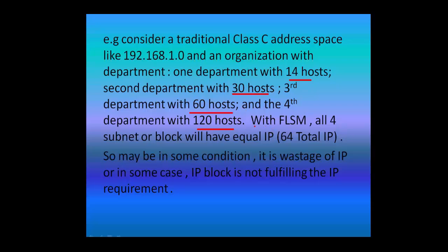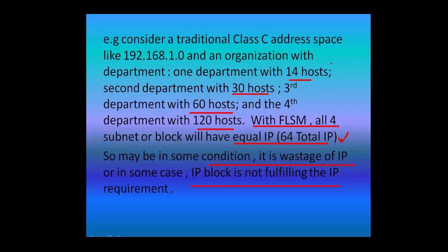If we do FLSM, meaning subnetting, all 4 subnet blocks will have equal IPs. In some conditions it is a wastage of IPs, and in some cases the IPs do not fulfill the requirement. With FLSM we have a fixed 64 IPs in each block.